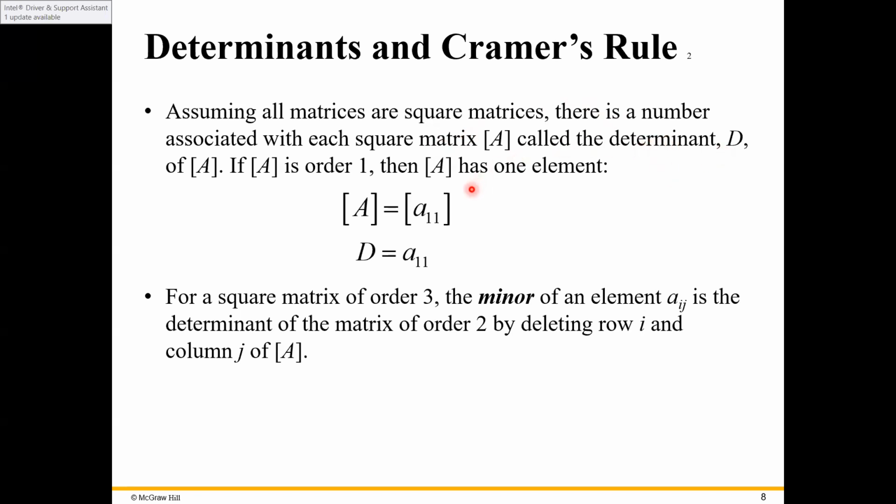This can be determined, for example, if the matrix has just one number, a11, then the determinant will be that number itself. But for a square matrix of order 2 and 3, there is a certain method to determine the determinant.